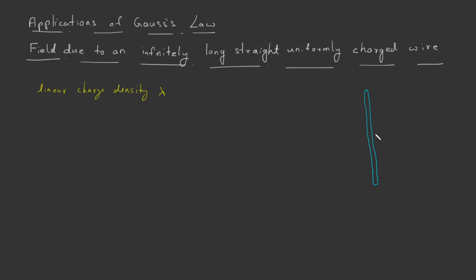The direction of electric field is radial. We know if lambda is positive, that is greater than 0, then direction of electric field is outwards, and if lambda is less than 0, that is negative, then direction of electric field is inwards.